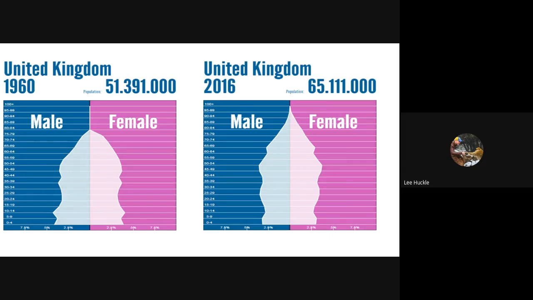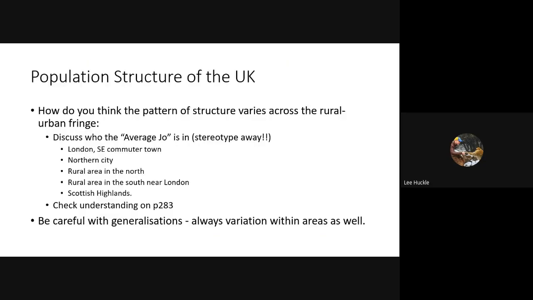So we'd then start to look at the structure of the UK. So population structure of the United Kingdom, you'd have discussed this. How do you think the pattern of structure varies across rural and urban? Looking at the rural urban fringe as well. You'd have discussed, and this is very stereotypical here, who the average Joe is in, first of all, London, the age of the person, the employment status of the person, the ethnic makeup of the person.